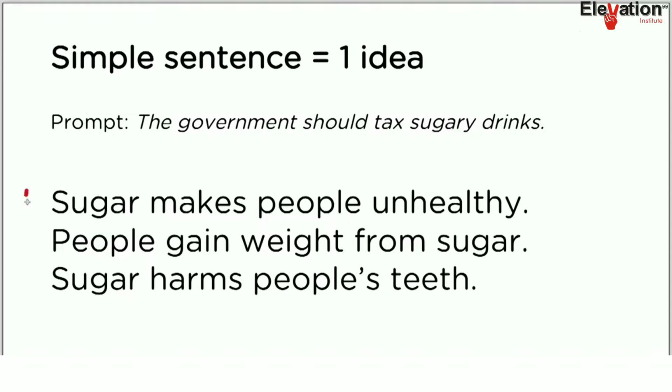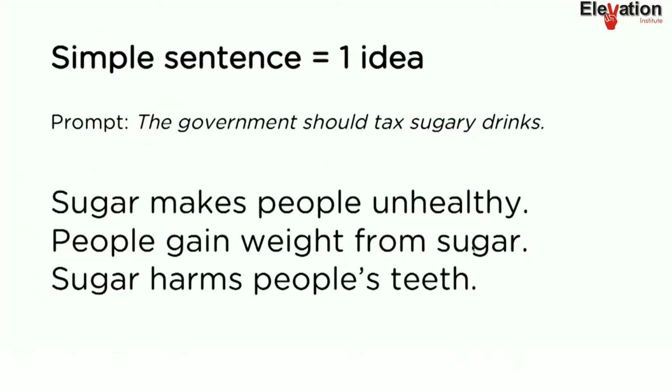Sugar makes people unhealthy. Okay, it's got a subject, a verb, and an object. Or people gain weight from sugar. Again, subject, verb, object. Sugar harms people's teeth. These 3 are examples of simple sentences. You should definitely include simple sentences in your essay, but again, it's about variety.